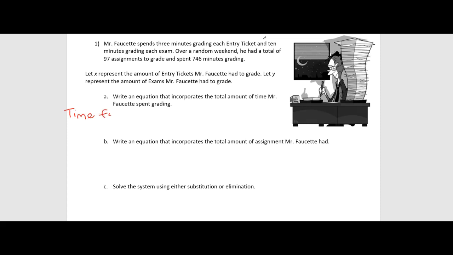time for entry tickets, or ET, plus time for exams. That should equal the total, right? Okay, so the time for the entry tickets, well, it takes 3 minutes for each entry ticket, and I had X entry tickets.